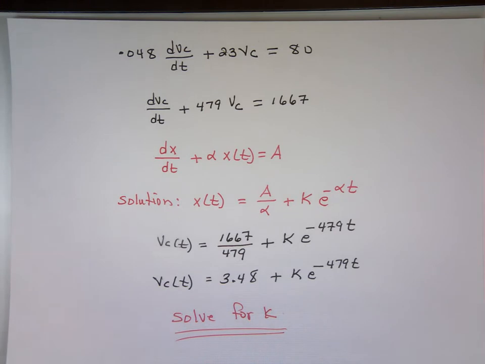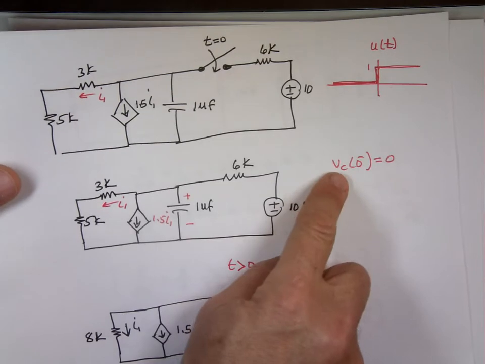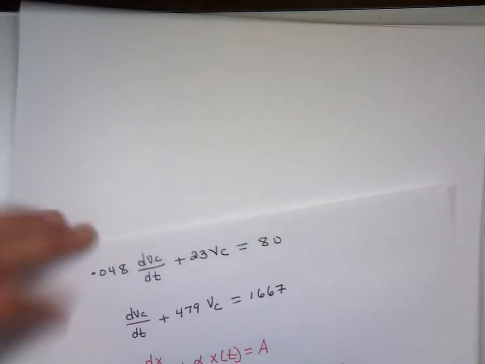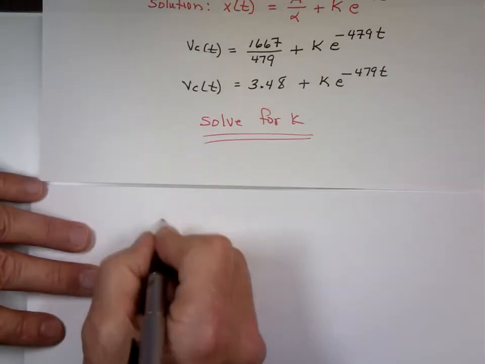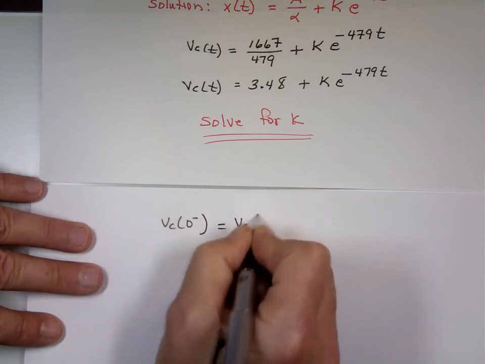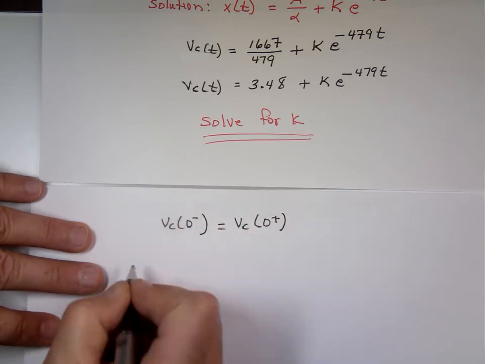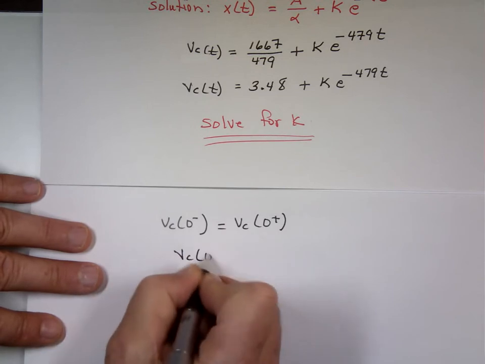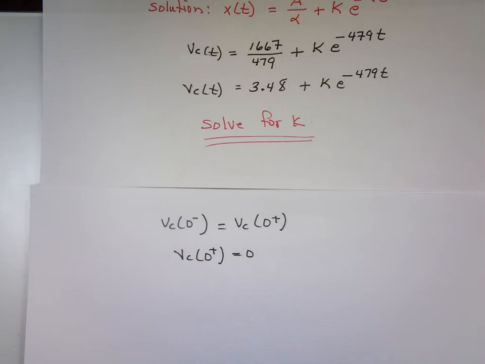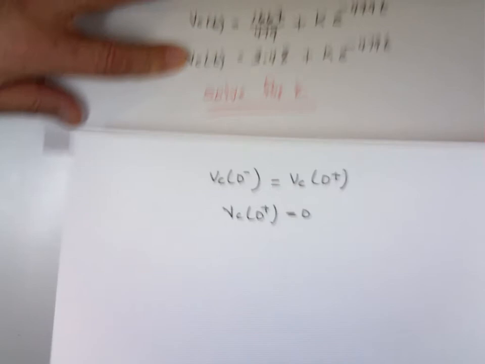We have something else. We looked at the circuit for t less than 0. What was the voltage? 0. Well, we know with capacitors that the voltage of 0 minus is the same as the voltage of 0 plus. So the voltage of 0 plus then for the capacitor has to be 0. It has to be. So come back to this equation now. Plug it in.